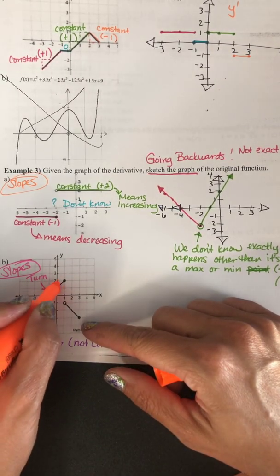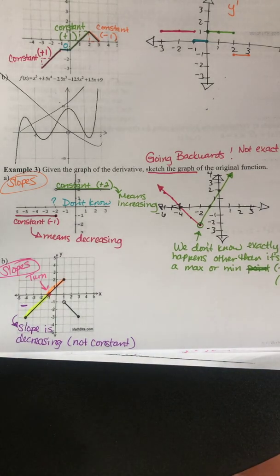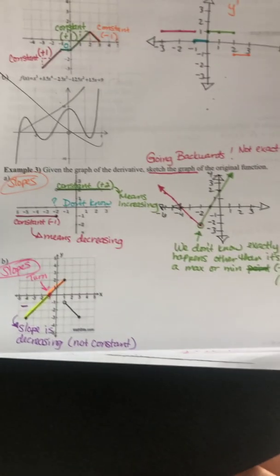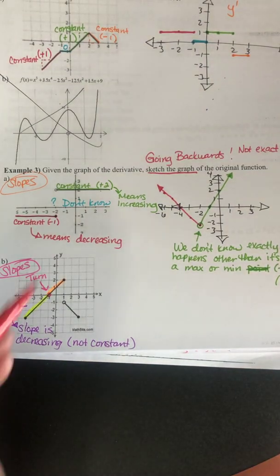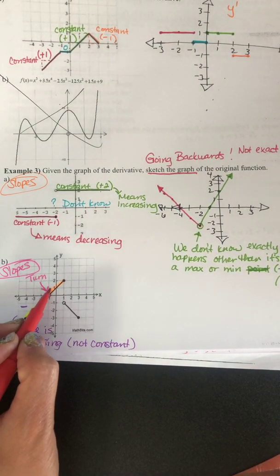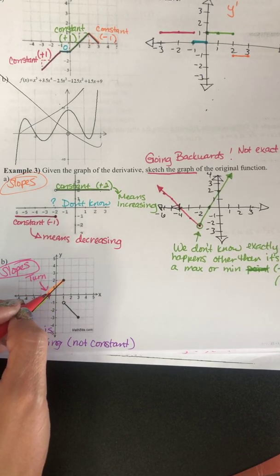Okay. And then the derivatives are above the x-axis, so they're positive, which means that we are increasing on the original graph. Okay, so if we're increasing and we're above the x-axis, it just means that since it's not a flat line, it's just getting steeper and steeper and steeper each time. Because at -1, the slope is 0.